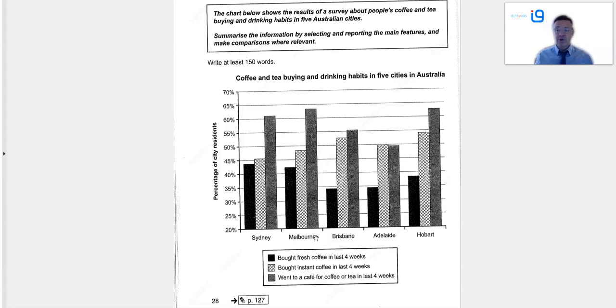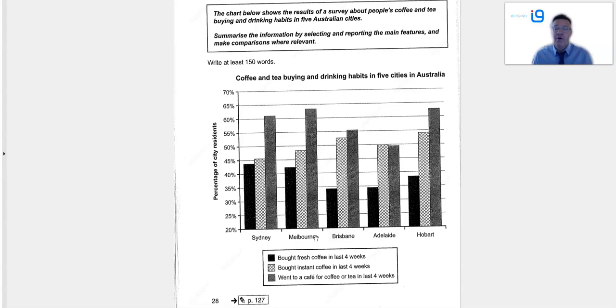So if we're using that typical 4 paragraphs as a structure, paragraph 1 is the introductory sentence: the graph, table, chart shows, etc. Then the overview. So what are the main trends, key features? Well, here it's obviously that the cafe is the strongest, followed by instant coffee, and fresh coffee purchase is the smallest.